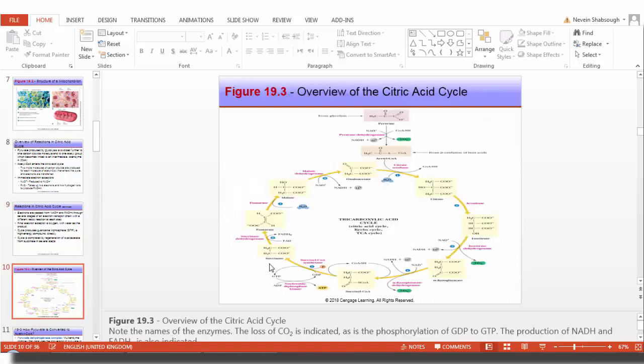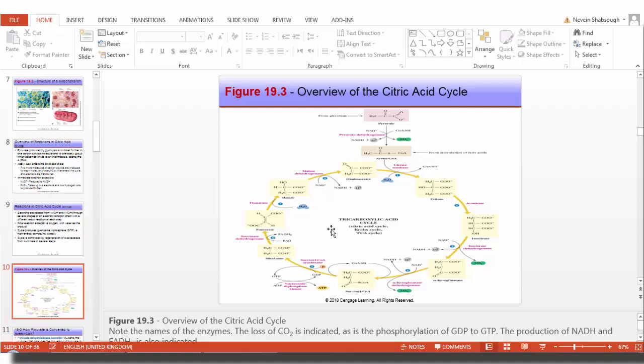Now the citric acid cycle has 8 steps, as you can see in this figure, from 1 to 8, and these are catalyzed by different enzymes. 4 of the 8 steps, namely 3, 4, 6, and 8, are oxidation reactions.